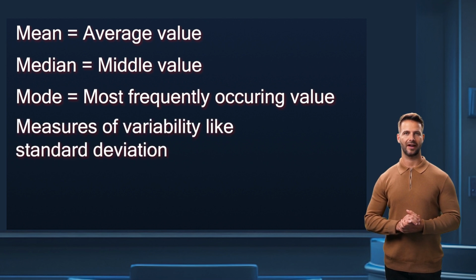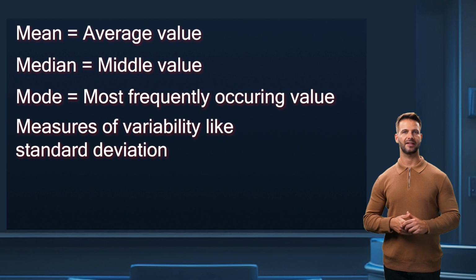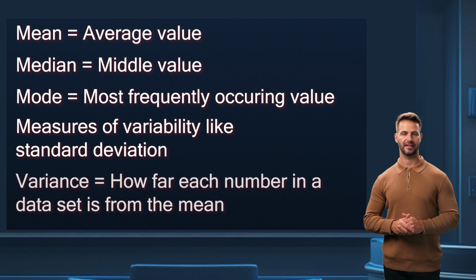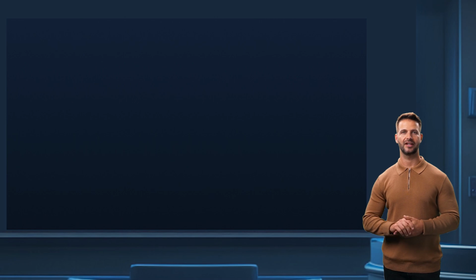There are also measures of variability, which include standard deviation, or the measure of the amount of variation or dispersion in a set of values. There is variance. Variance is a measurement of how far each number in a dataset is from the mean, average, and thus from every other number in the set. There are others like skewness and kurtosis, but these are the main ones. Those are descriptive statistics.